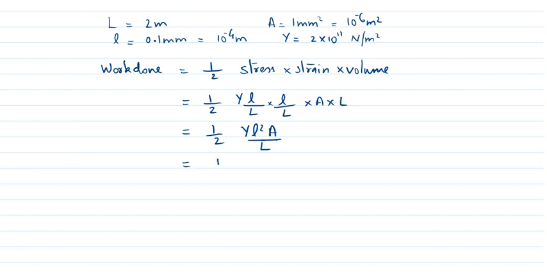Half into Y, which is 2 into 10 to the power 11, l will be 10 raised to minus 4 whole square, into area 10 raised to minus 6, divided by L, which is 2 meter, so 2. Then you will get the value 5 into 10 raised to minus 4 joule. So this is the value for work done. Thank you.